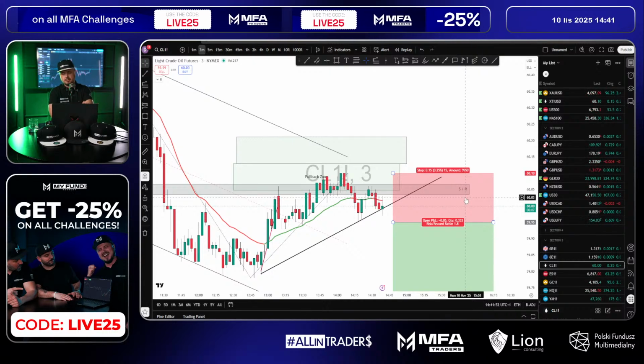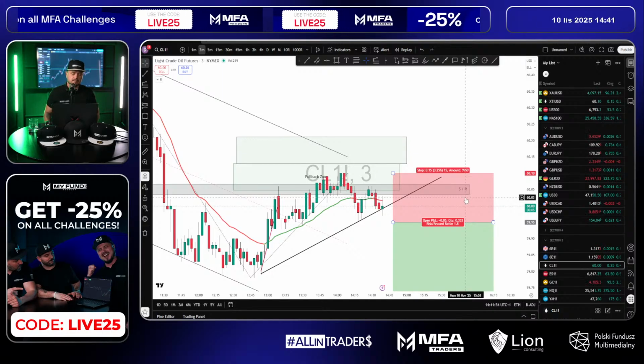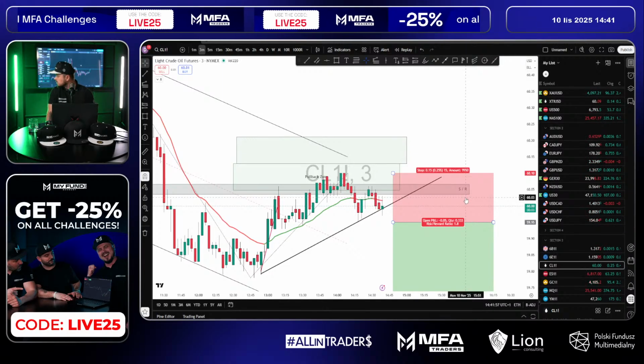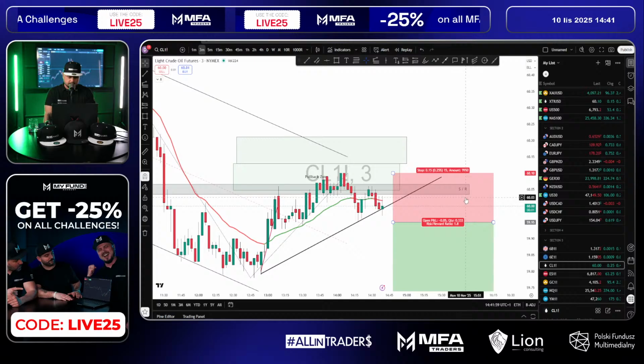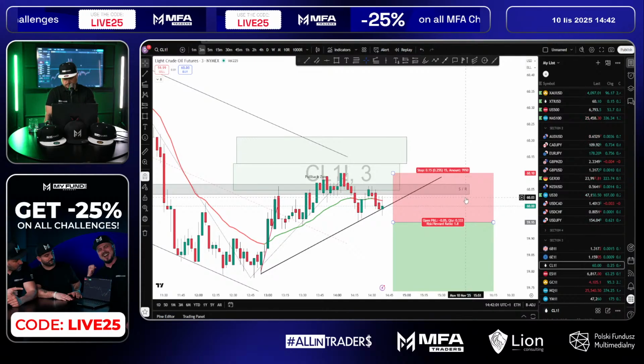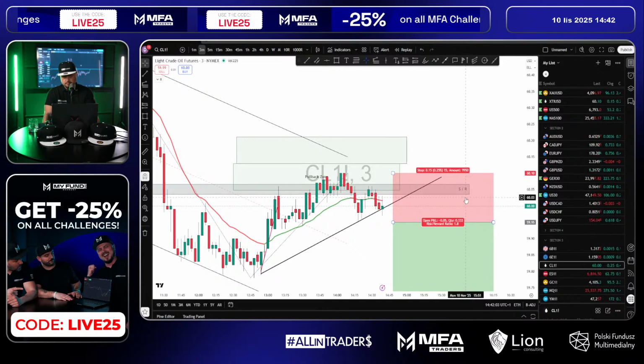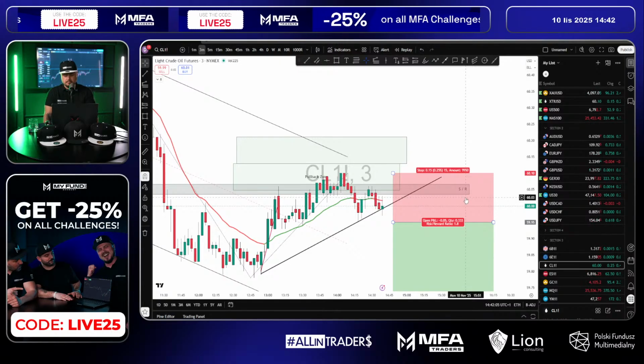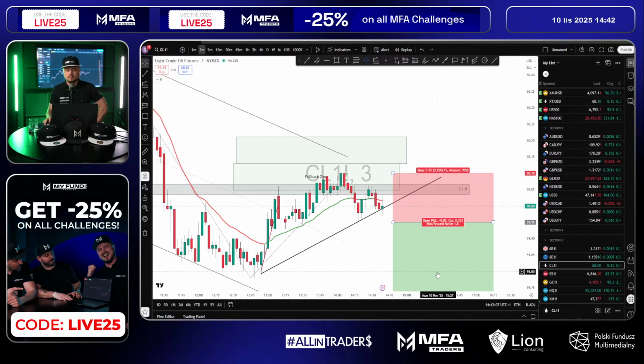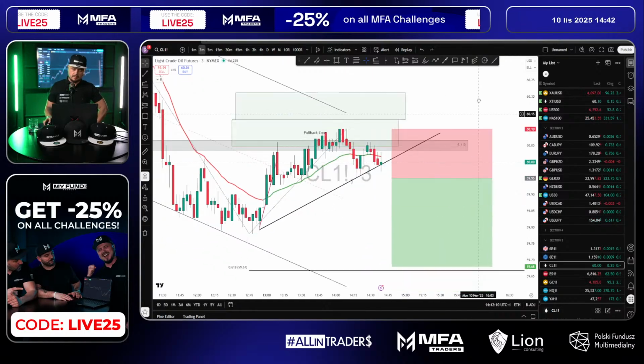This trend line is holding us. You can see the price stopped on this trend line. Come on. Come on, come on.